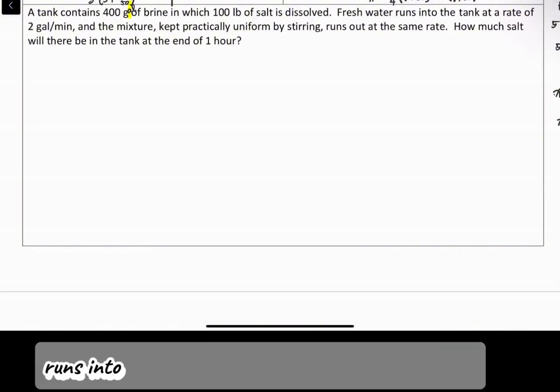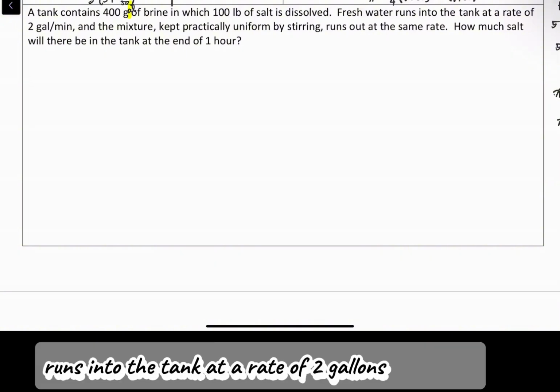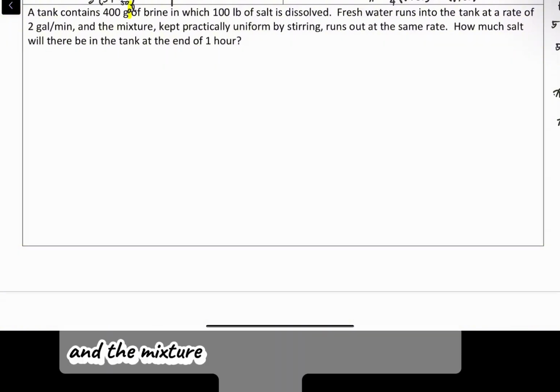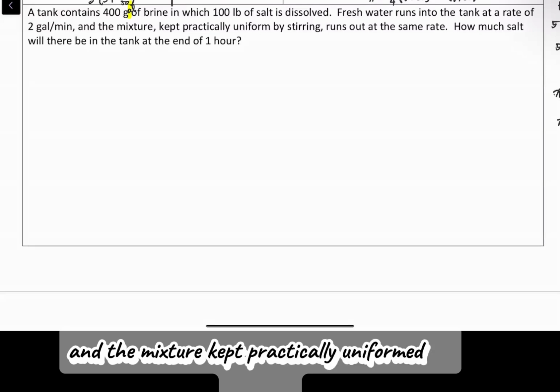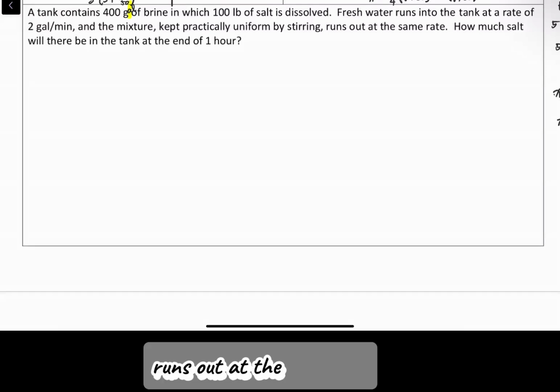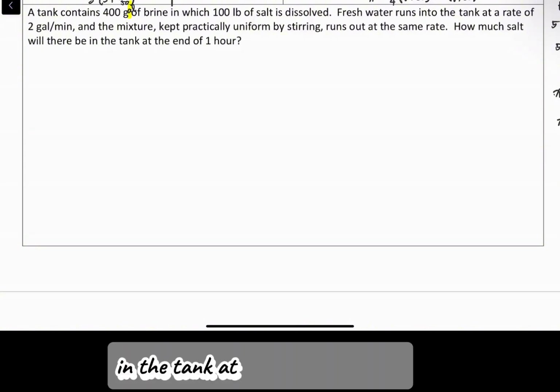Fresh water runs into the tank at a rate of 2 gallons per minute, and the mixture, kept practically uniform by stirring, runs out at the same rate. How much salt will there be in the tank at the end of 1 hour?